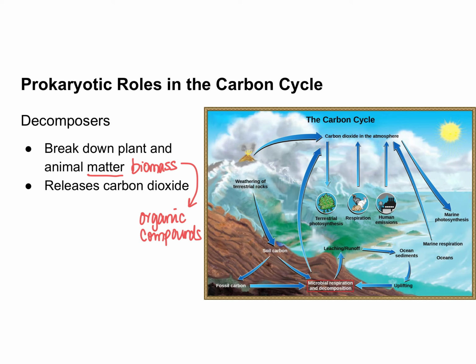And once again, the organic compounds that are being broken down are going to be our carbohydrates, proteins, and lipids. And the decomposer is going to get energy out of this process, and it's also going to release carbon dioxide into the environment. So once again, we are increasing carbon dioxide into the environment, whether it's the air or aquatic environment, and we are going to be decreasing these organic compounds.